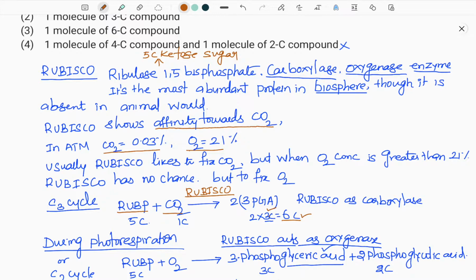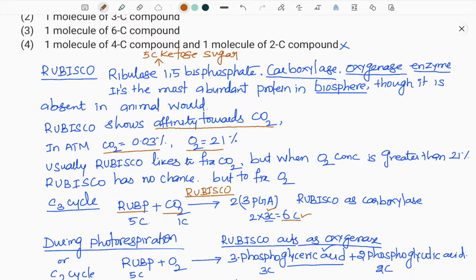This increased concentration of oxygen will compete with the carbon dioxide that is going to bind with Rubisco. I have told you that Rubisco can fix both CO2 and O2. So when O2 becomes more than CO2 relative to their normal values, Rubisco will fix oxygen. When Rubisco fixes oxygen, what happens?